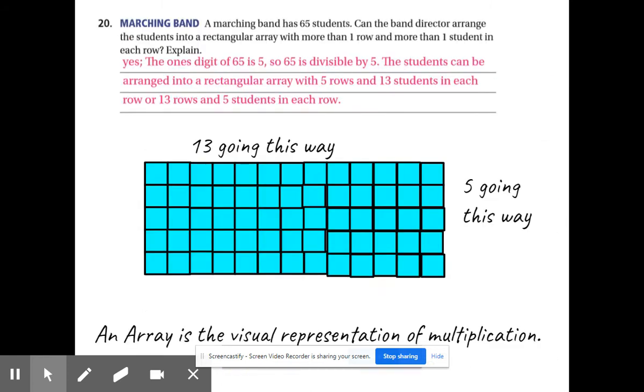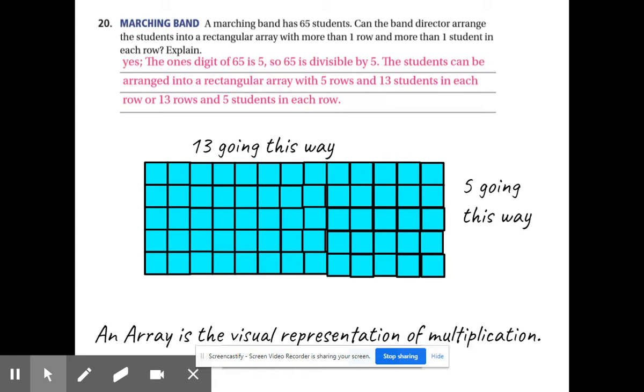An array is literally a visual representation of multiplication. So when I said in the answer that we can build an array, I literally meant that I could build a model that shows how those multiplication facts can be listed. You can do 13 times 5 equals 65, or if we wanted to change it and turn it upside up so it was tall and skinny instead of short and fat, we could do 5 times 13, okay?